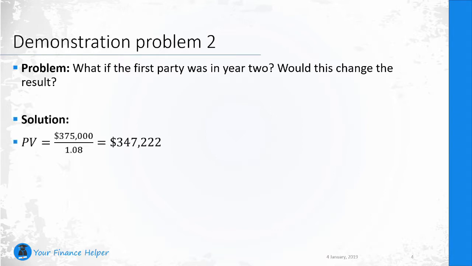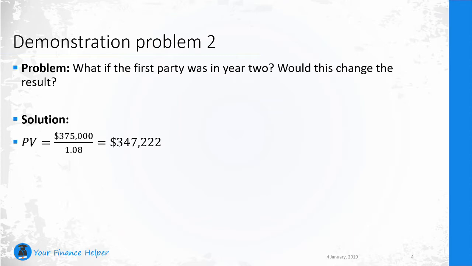The reason why is that currently we do have the present value, which was $375,000. And if we discount this by 1 year, we will find out what it would be worth if the first graduation party was in 2 years and you could continuously use $30,000 every year forever. So we simply discount the $375,000 by 8%.